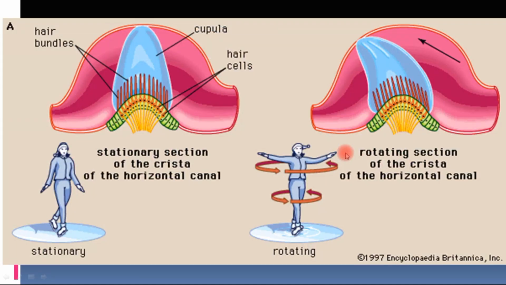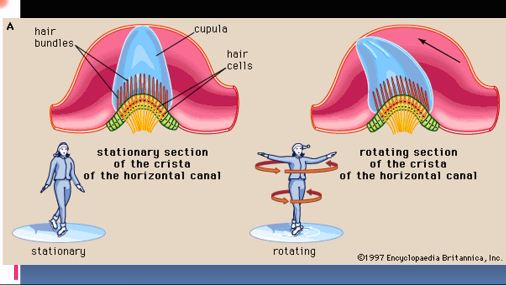So what is going to happen when the person is stationary? The cupula is at the vertical position and the hair cells are at the vertical position, whereas when the person starts to rotate, let us understand there are two conditions: when they start to rotate, when they are rotating continuously, and when they stop rotating.